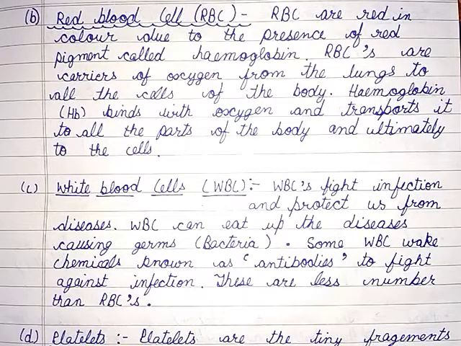RBCs are red in color due to the presence of red pigment called hemoglobin. RBCs are carriers of oxygen from the lungs to all the cells of the body. Hemoglobin binds with oxygen and transports it to all the parts of the body and ultimately to the cells.